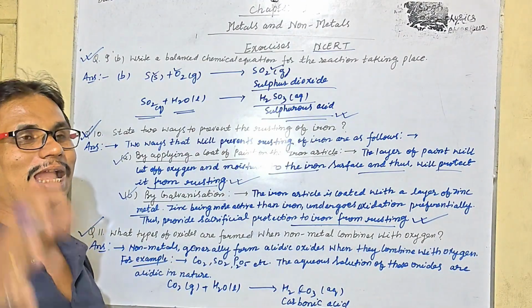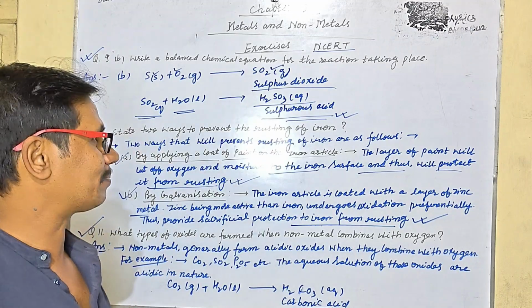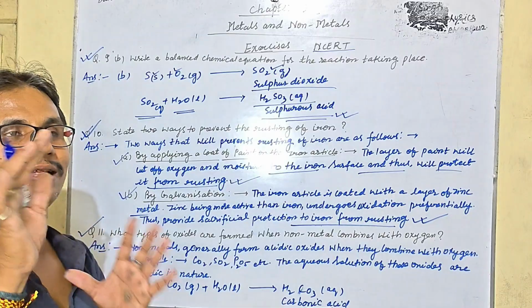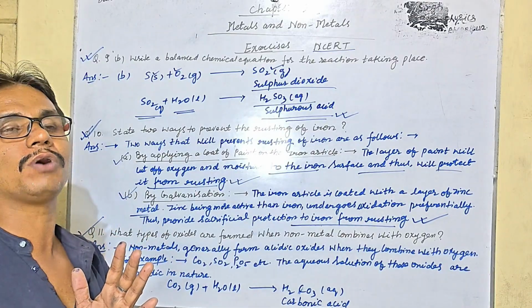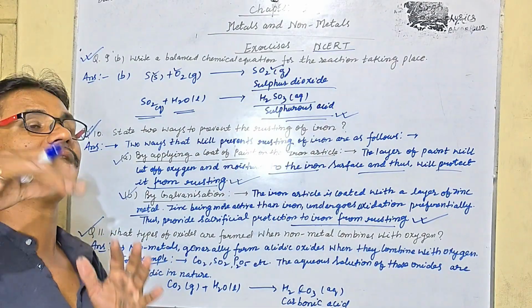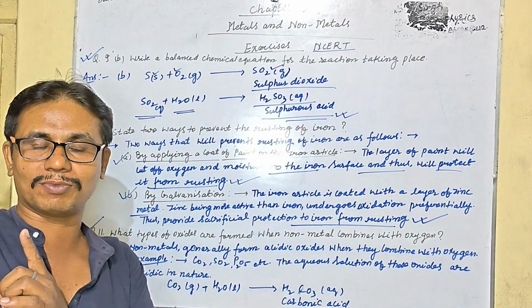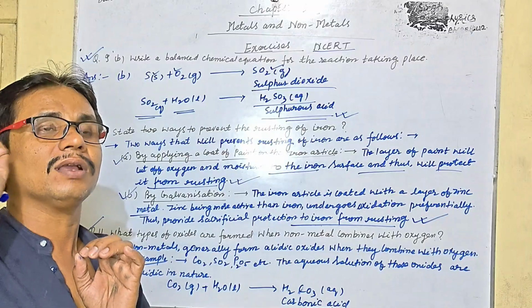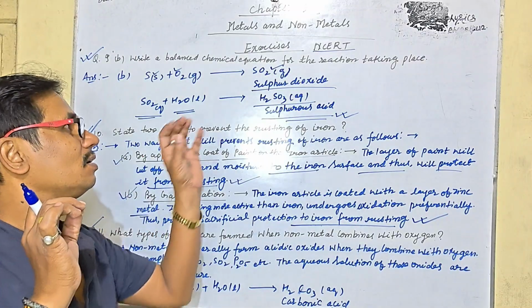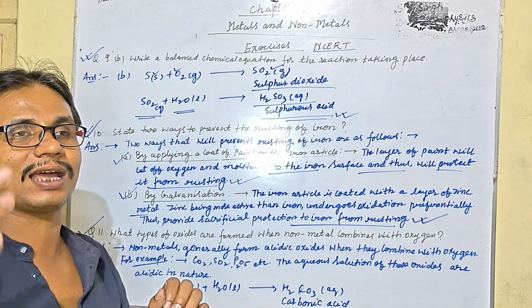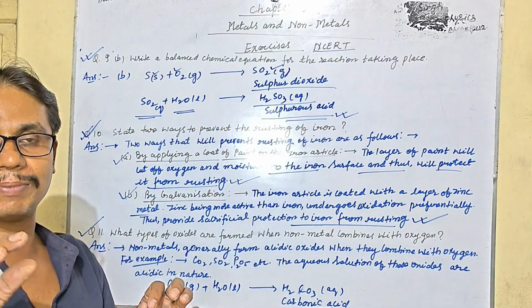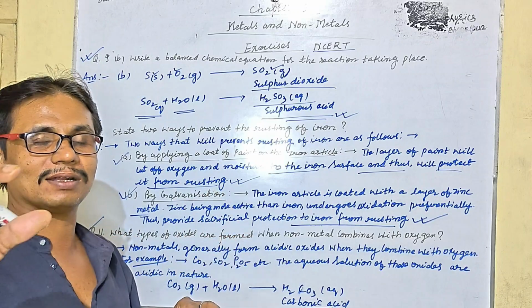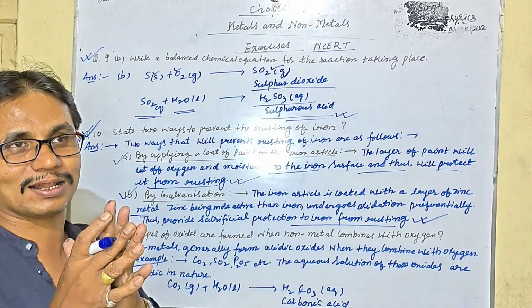So my dear students, kindly go through my chapter number 3, Metals and Non-metals. All the videos are mentioned in the thumbnail. Kindly go through the whole video of chapter number 3, and if you want to learn, start from chapter number 1. There are all the videos of chapter number 1, the NCERT questions and all the exercises from chapter 1, Chemical Reactions and Equations, the second chapter, Acids, Bases and Salts, and all the topics of chapter number 3, Metals and Non-metals.